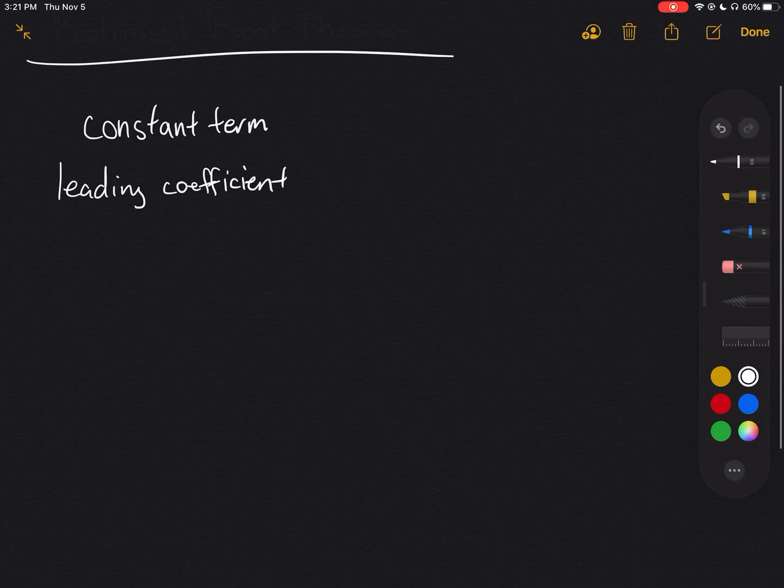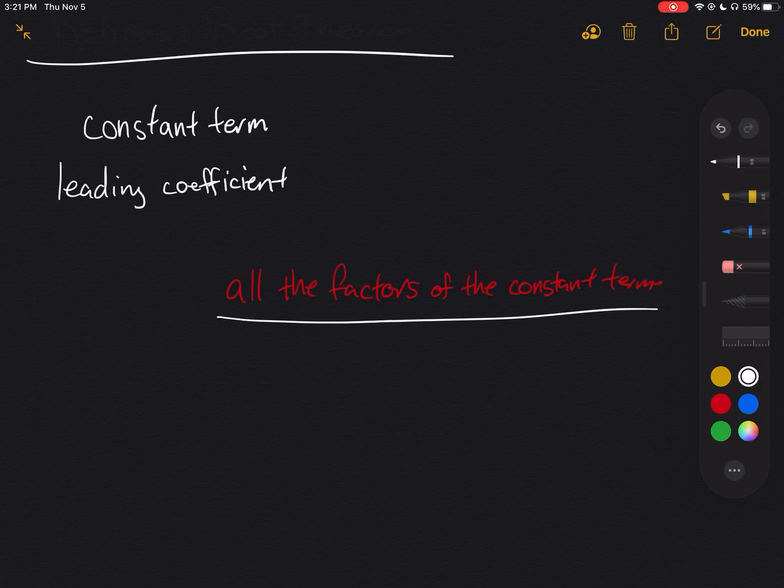In the numerator, we want all the factors of the constant term, and we want to divide that by all the factors of the leading coefficient. So what does that mean? Let's see what that looks like.